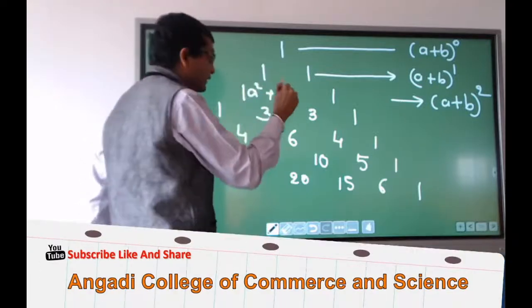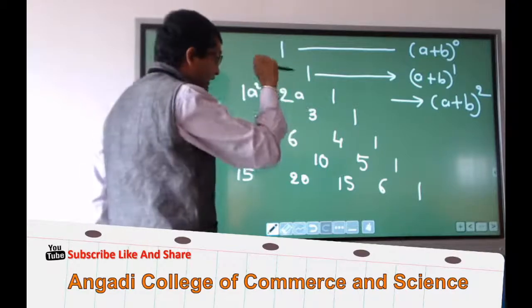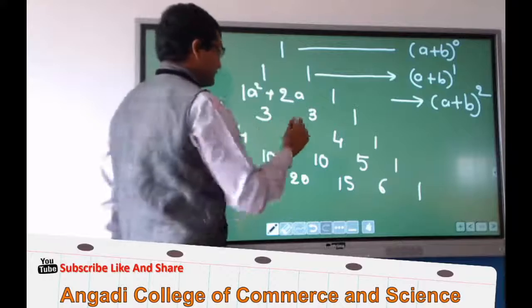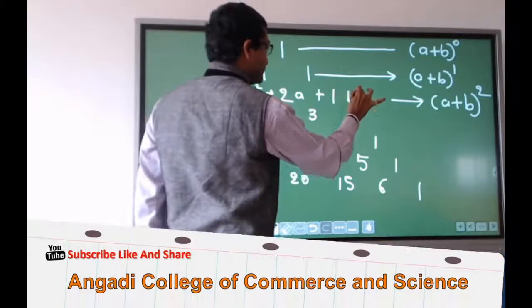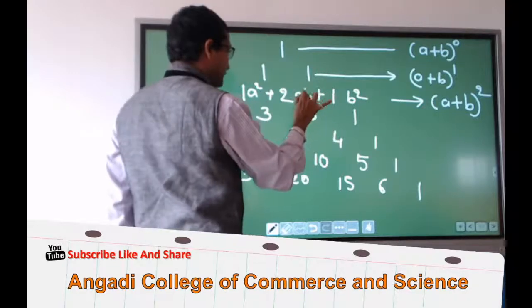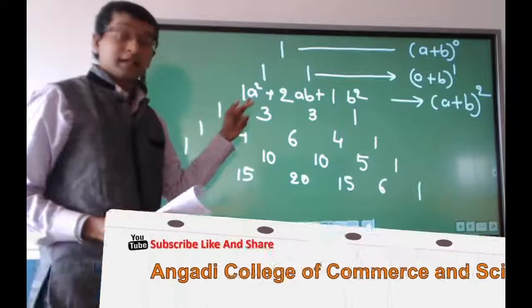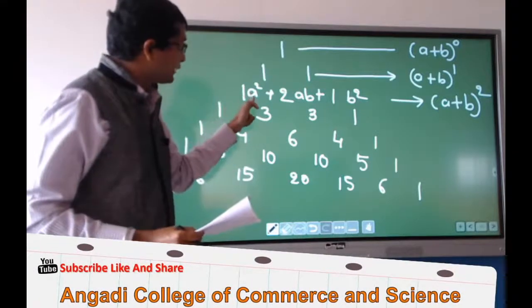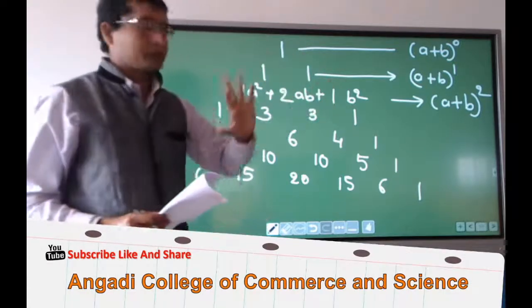Decrease the power of a by 1, we get a, and decrease it again, a raised to 0. On the other hand, here we will take b square, the highest power, decrease by 1, we get b, decrease again, b raised to 0. So this is our (a plus b) whole square formula: 1 into a square, that is a square plus 2ab plus b square.